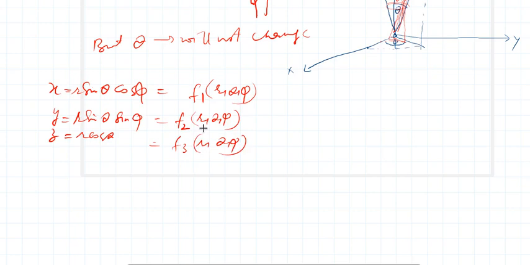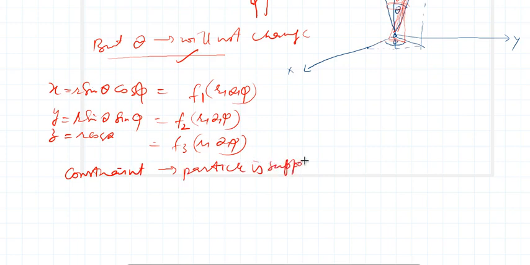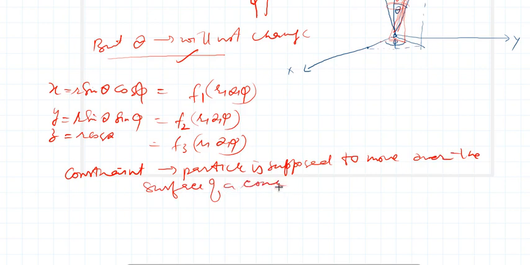Now if I use this condition, what is the condition? That the particle is supposed to move over the surface of a cone. So this is the constraint. What does it mean?